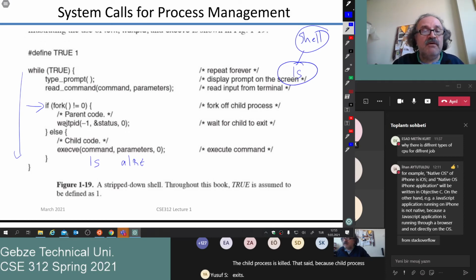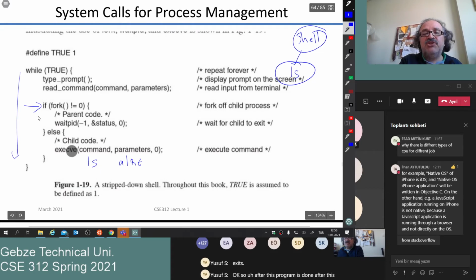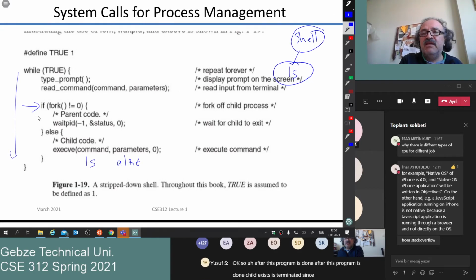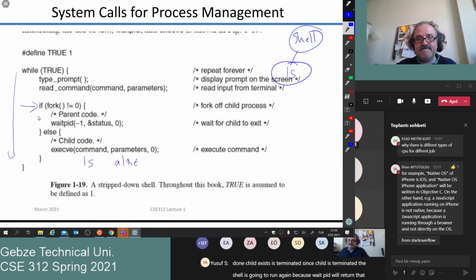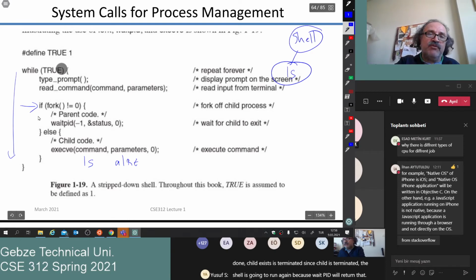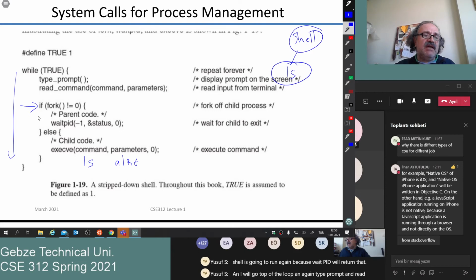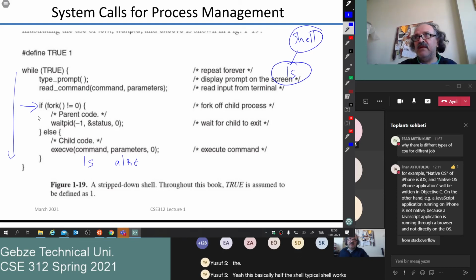Since the child is terminated, the shell is going to run again because waitpid will return, and I will go to the top of the loop and again type a prompt and read another one. So this is basically how a typical shell works. Of course, it's a text-based shell.